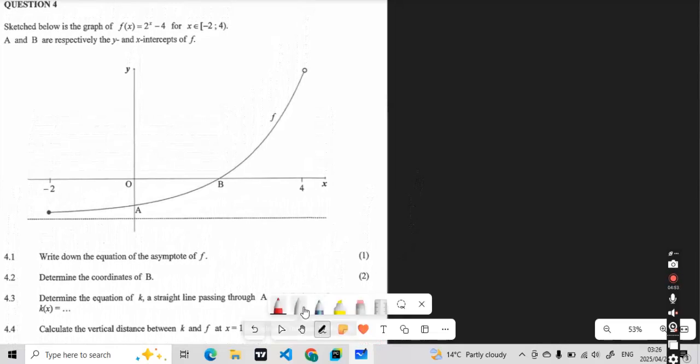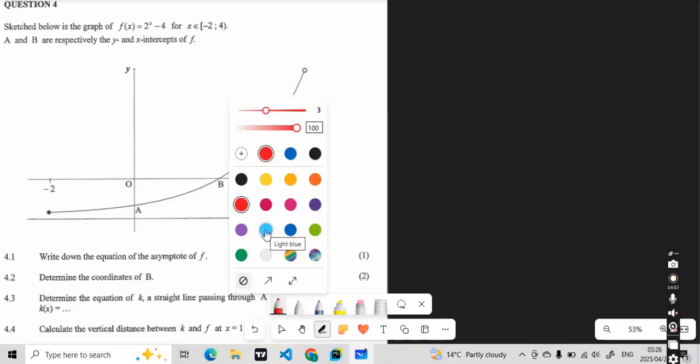This is our instruction. They say the sketch below is the graph of f(x) equals 2 to the power of x minus 4, for x an element of -2 to 4.